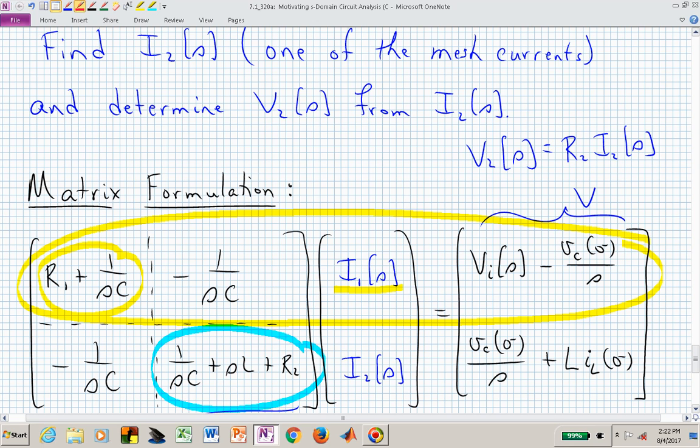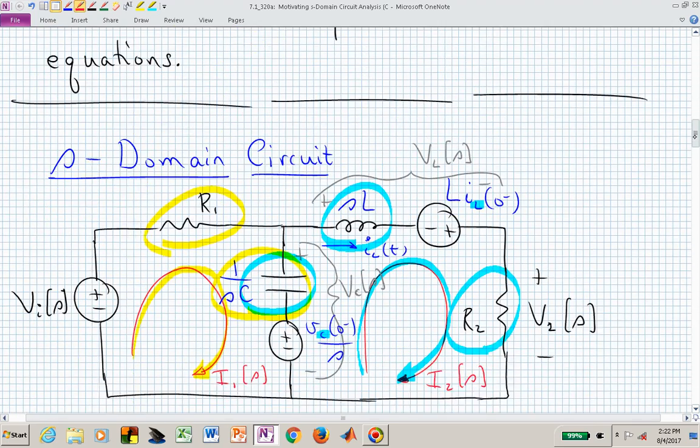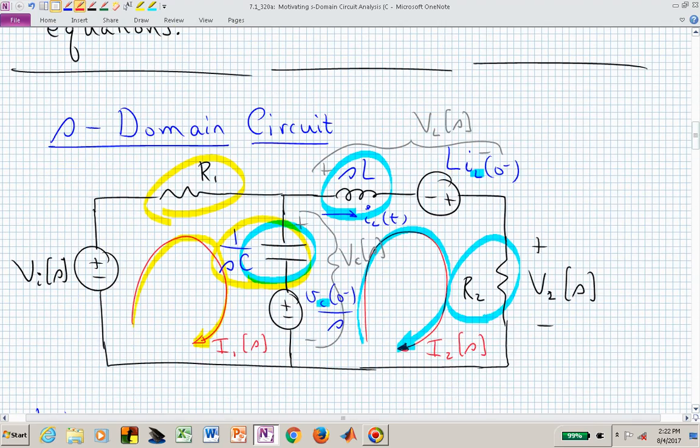If it happened to be a negative voltage, we would say a positive negative voltage, if that makes sense. In this case, we go back to our circuit and ask: if I increased V sub I, would that tend to make I sub 1 bigger, or would it impede I sub 1? If I increased it, that would increase I sub 1, so I write V sub I with a positive sign.